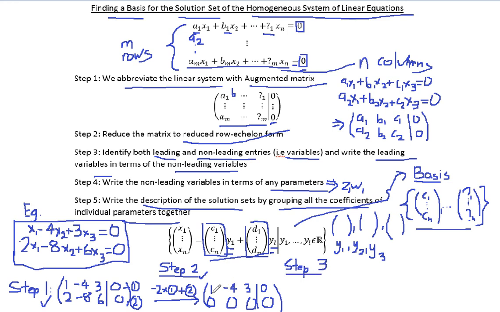Now, step 3, what's the leading variable? So now, our leading variable is 1. So this will be our non-leading variable. What's the leading one? So our leading variable is in the first column. So the first column corresponds to x1. So leading is x1.